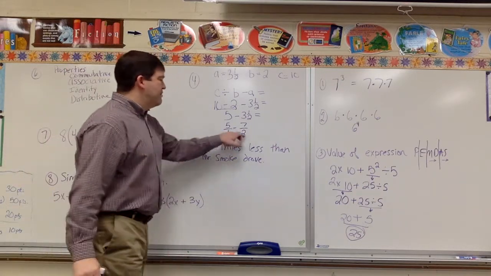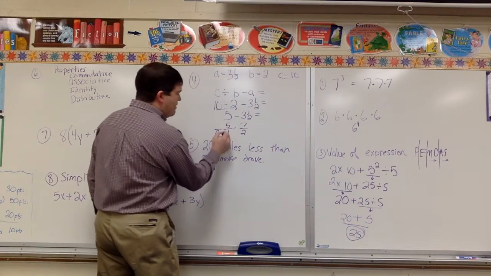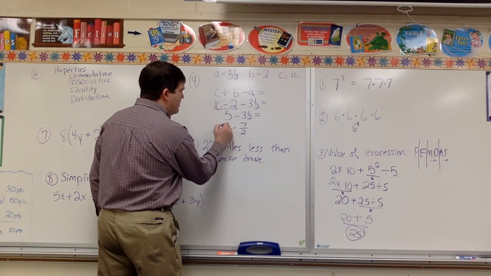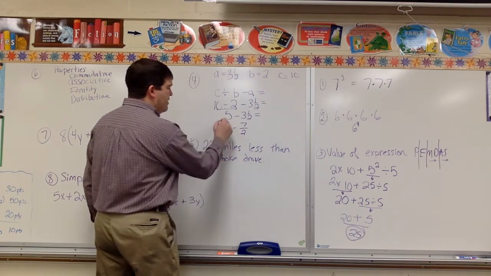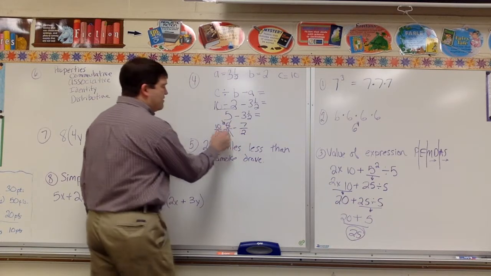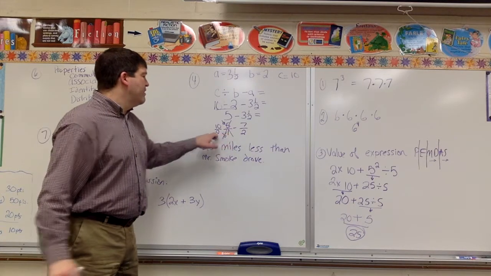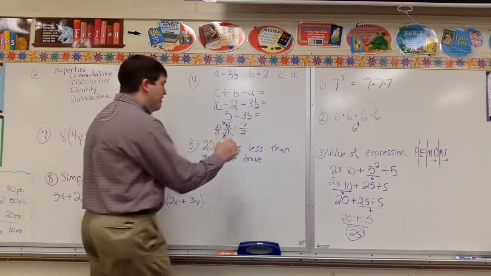What can both of these go into? 2. So I'm going to make 5 over 1 into 10 over 2. Now I have 10 over 2 minus 7 over 2. Then I can just take it across.